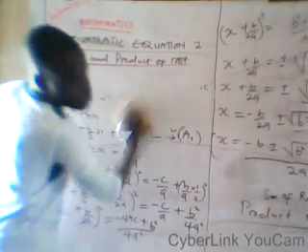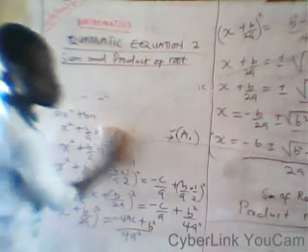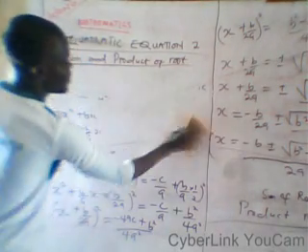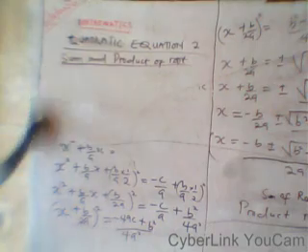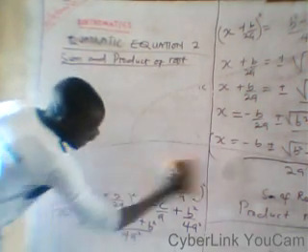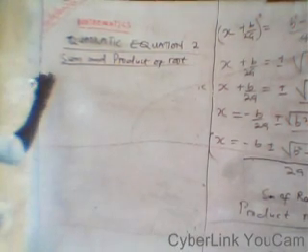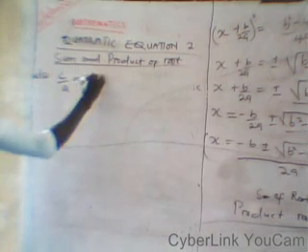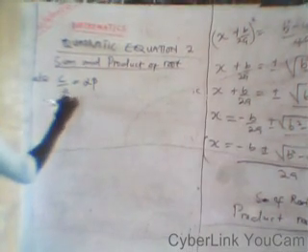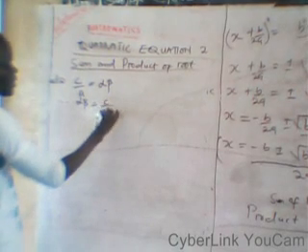Also, you will see that from that equation, we can equate the constant term. That one will be c over a equals alpha beta. So from the equation, we have c over a equals alpha beta. Therefore, alpha beta equals c over a.